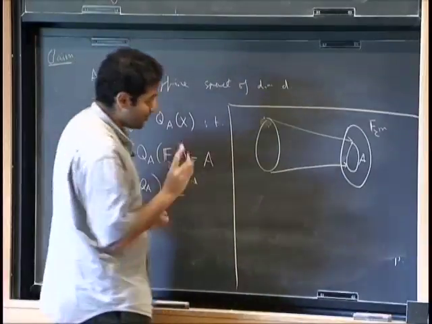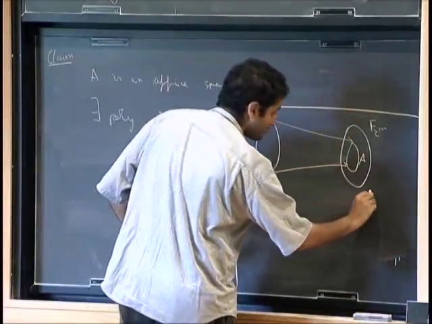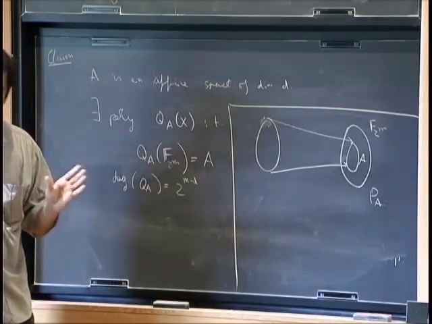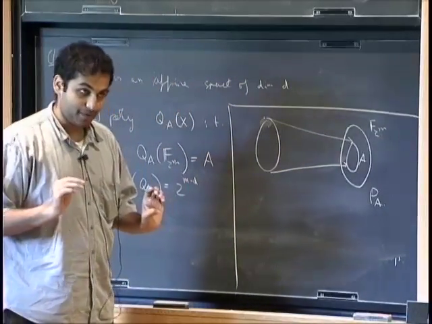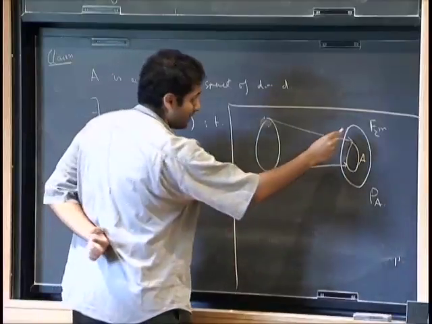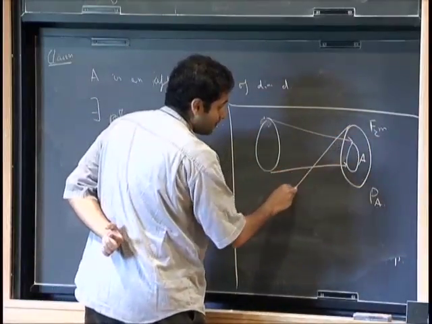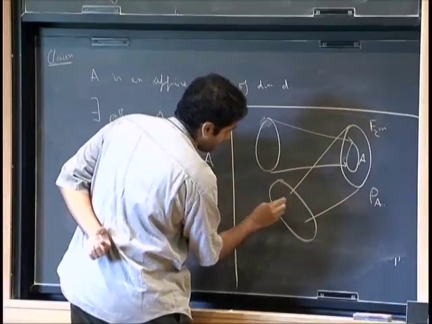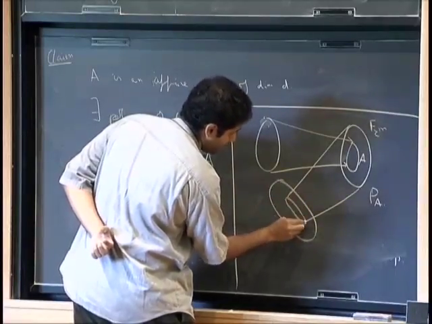Okay, so what we will do is we will look at the polynomial P_A. P_A is a polynomial that vanishes on A. Okay, so it is not at all what we want. And we will look at the image of P_A.